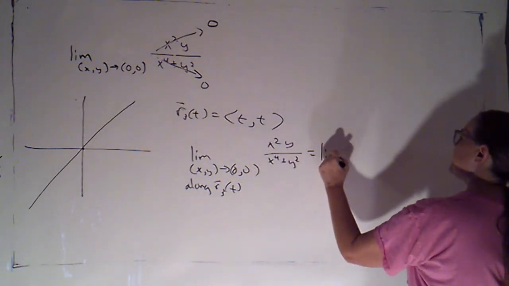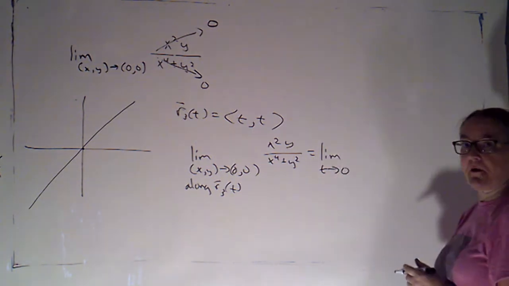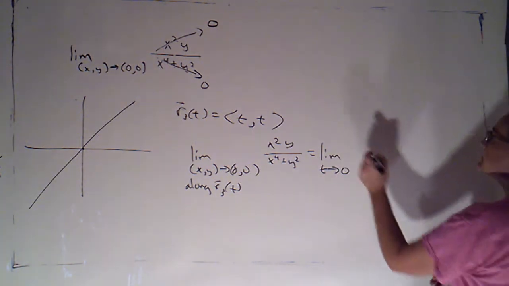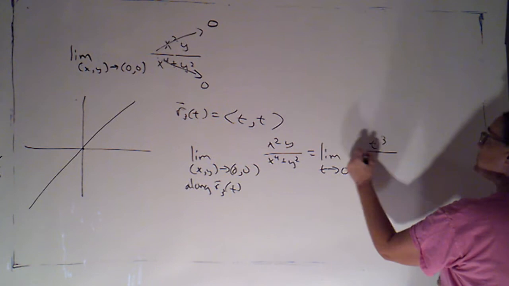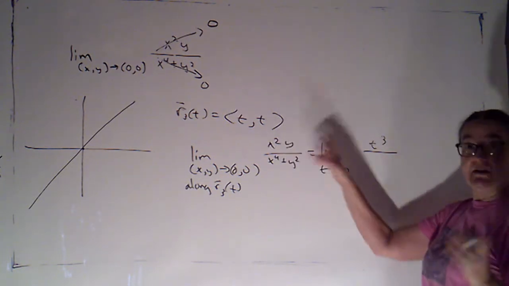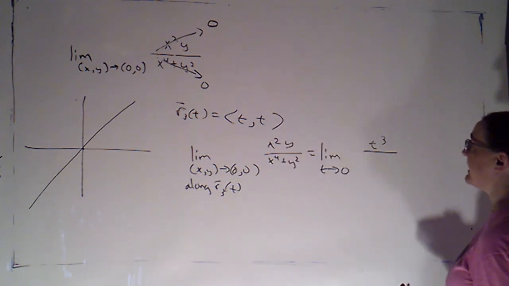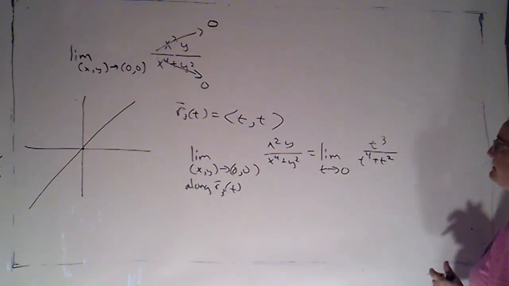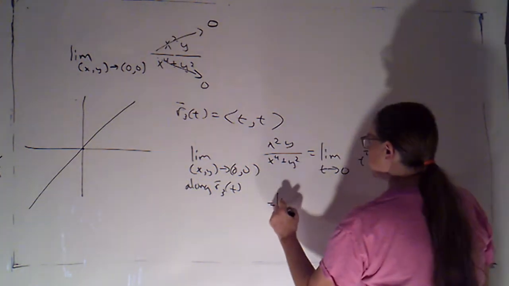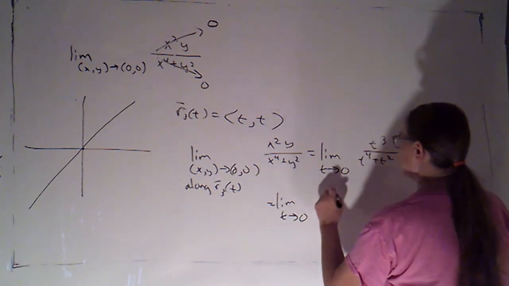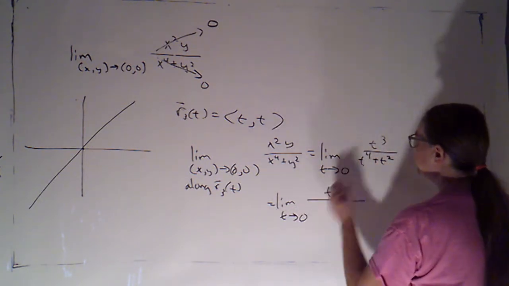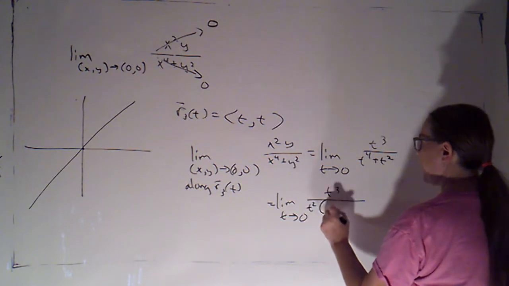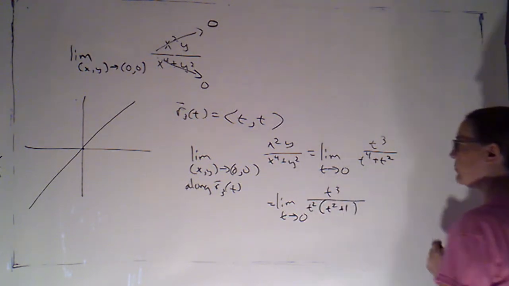That's going to become the limit as t goes to 0 of t cubed, because I'm replacing both x and y with t now, over t to the fourth plus t squared. Okay, so that's the limit as t goes to 0 of t cubed over, I can factor out a t squared, times t squared plus 1.